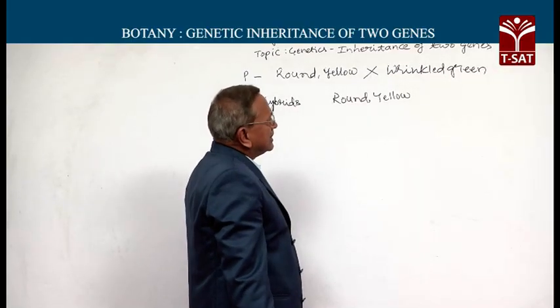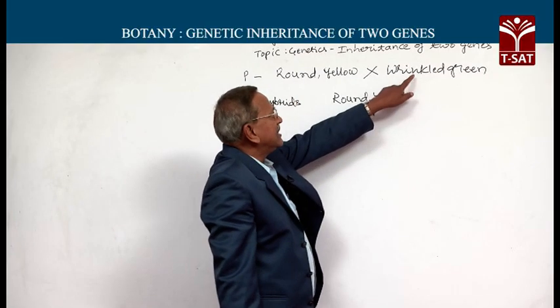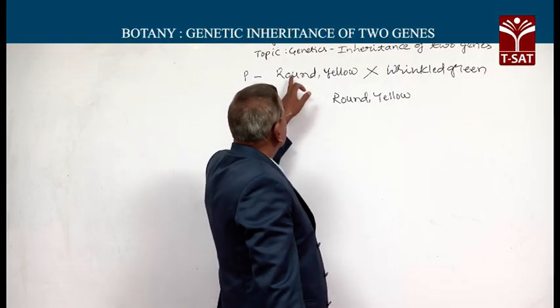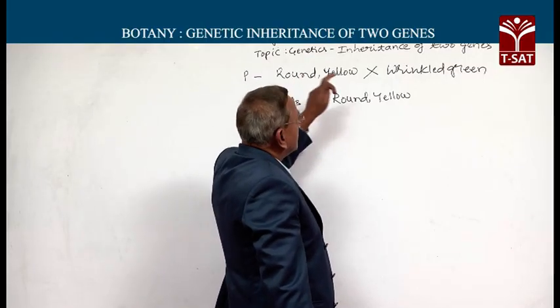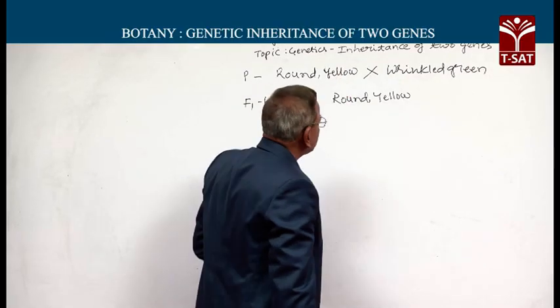Wrinkled green condition was not visible. It implies that wrinkled condition is recessive to round shape, whereas green color is recessive to yellow color.